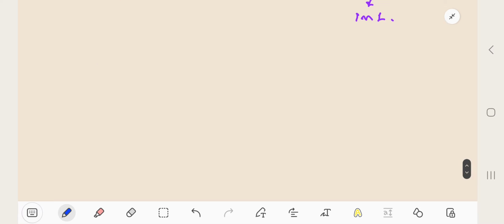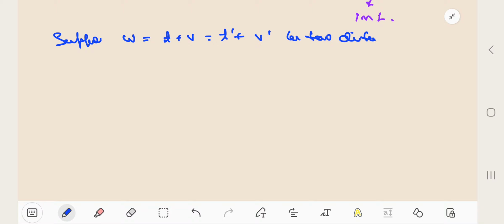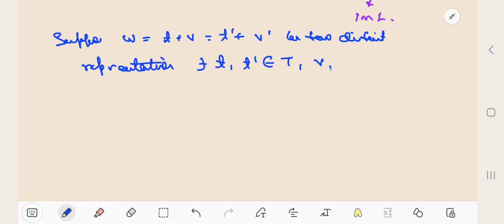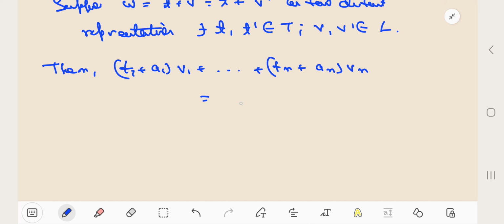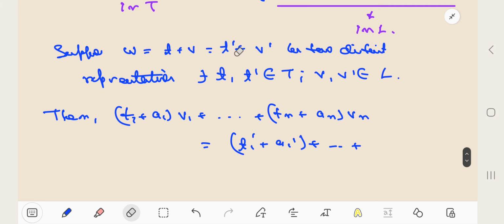So suppose I can write w as t plus v, which can also be represented as t prime plus v prime, two distinct representations, such that t and t prime come from capital T, and v and v prime come from L. Then, as in the previous proof of the existence of the representation, we have t1 plus a1 times v1 and so on till tn plus an times vn, which must equal t1 prime plus a1 prime and so on.